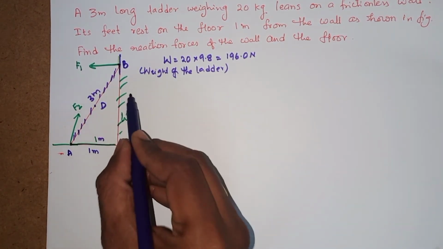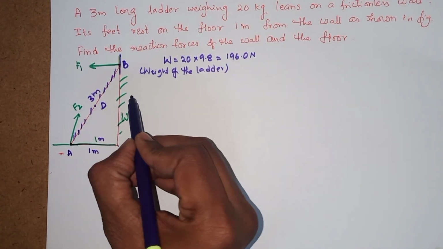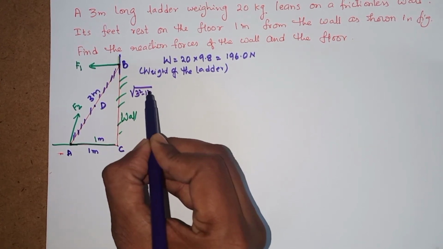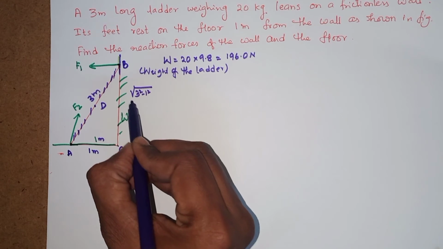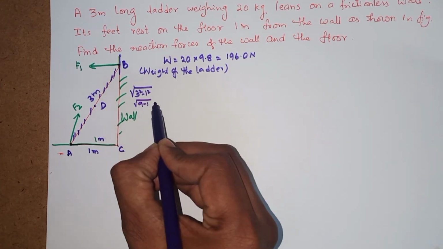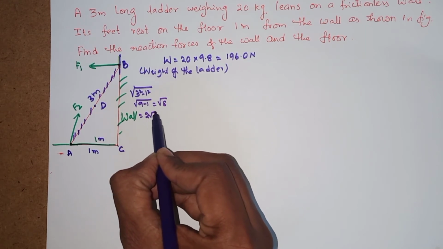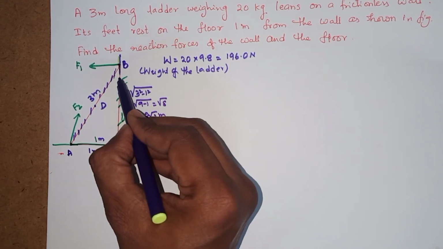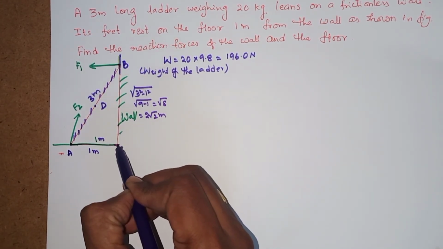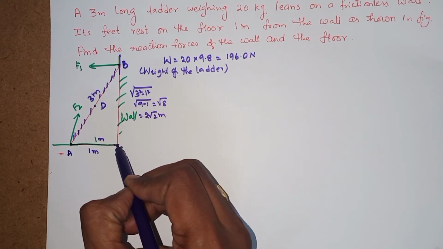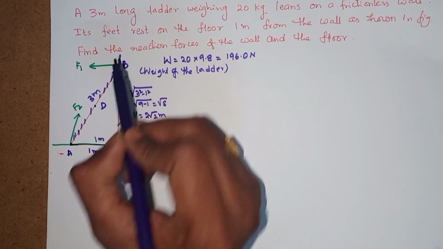This is 1 meter. What is this? This is equal to root of 3 squared minus 1 squared, which is 9 minus 1, which is 8, which is 2 root 2 meters. This is the height of the wall, from the bottom to where the ladder touches.